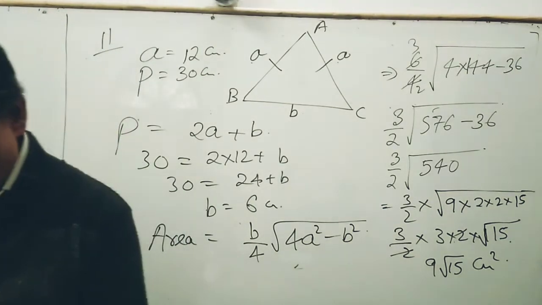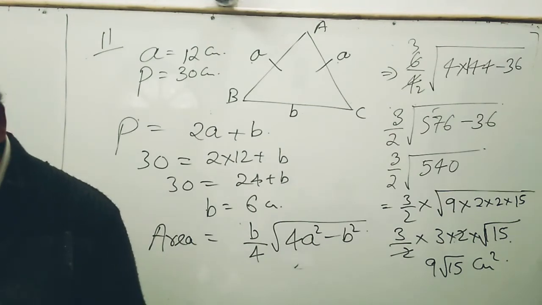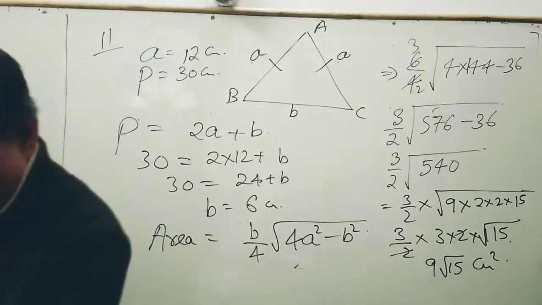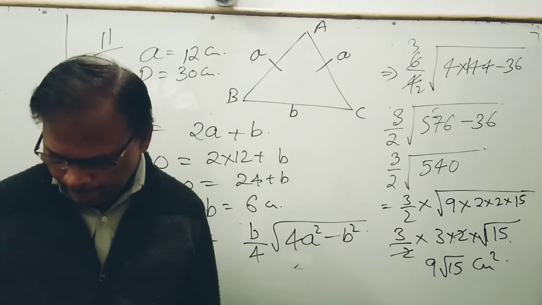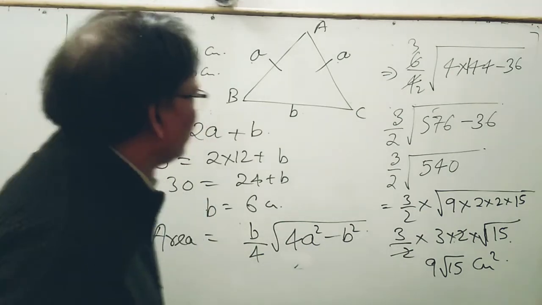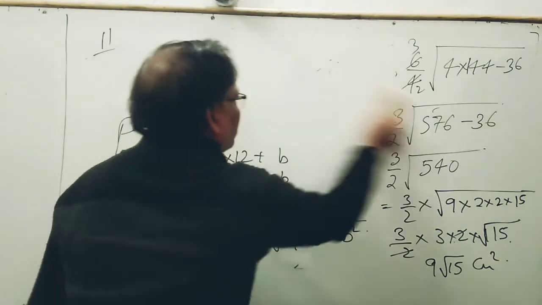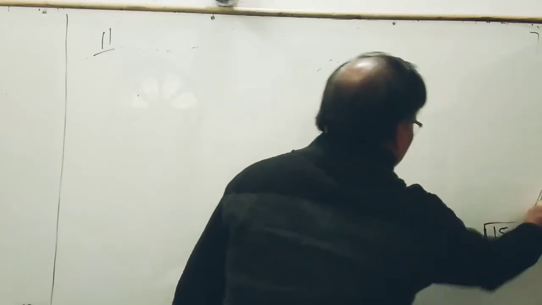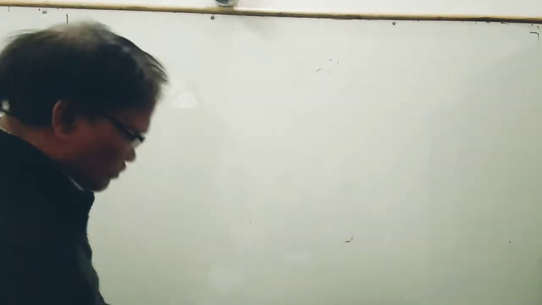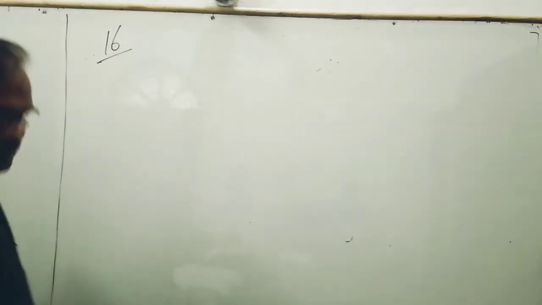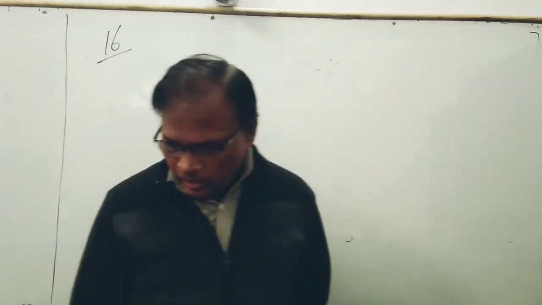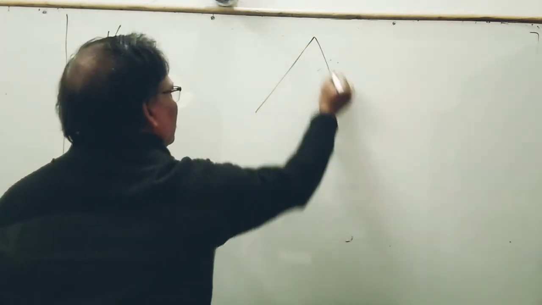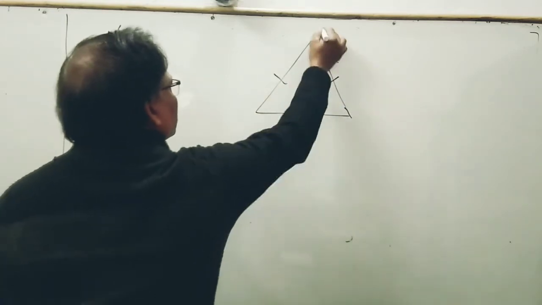Next one, question number 16. The perimeter of an isosceles triangle is 40 centimeter. फिर से isosceles triangle है, and this is a and b.